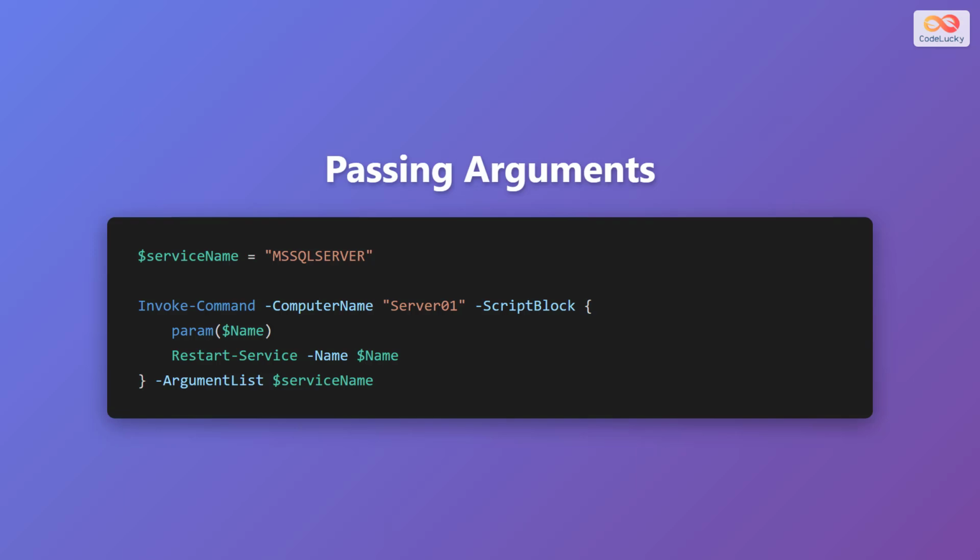Inside the script block, we use Restart-Service with the Name parameter set to our $name variable. The crucial part is the ArgumentList parameter at the end, which specifies which local variables to pass to the remote script block. The values you provide in ArgumentList are passed to the param statement in order. So our serviceName variable becomes the name parameter in the remote script block. This technique allows you to write flexible, reusable remote commands that can work with different values each time you run them.